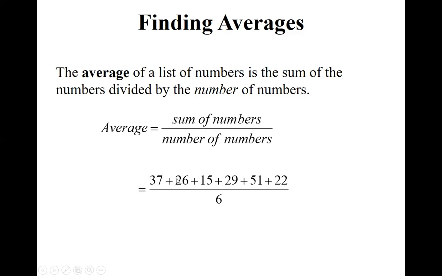And because there's 1, 2, 3, 4, 5, 6 of them, we would divide by 6. That's going to be 180 divided by 6, which is 30. I leave that addition up to you as an exercise to make sure you get 180.